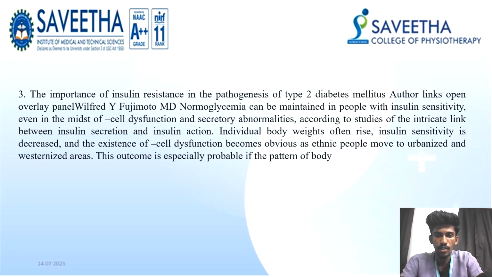But when sensitivity drops, glucose regulation fails and type 2 diabetes sets in. It emphasizes the need for interventions that target insulin sensitivity, which exercise and BFRT both enhance. This study tells about this.